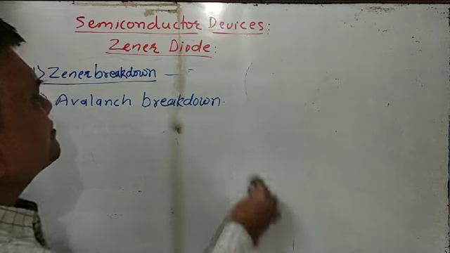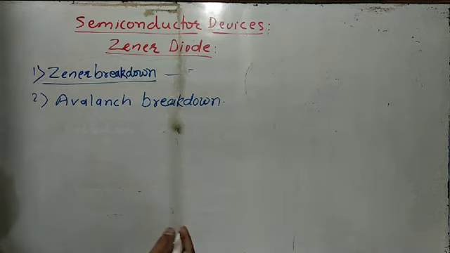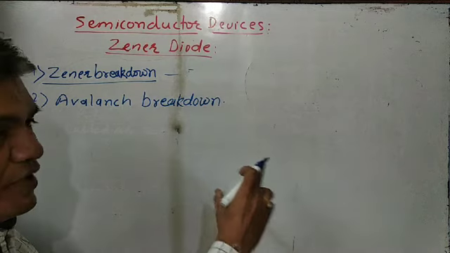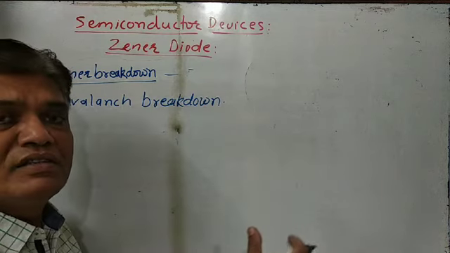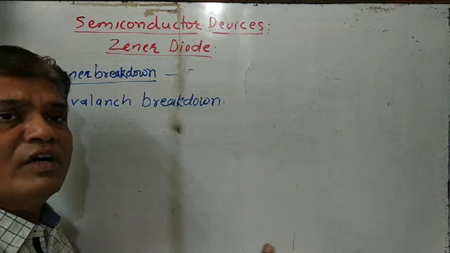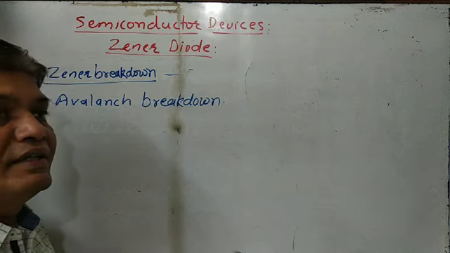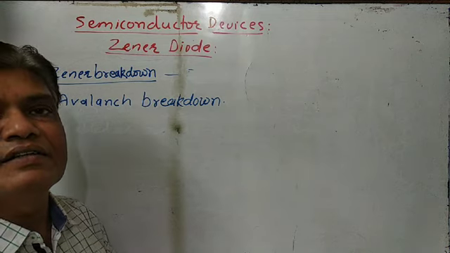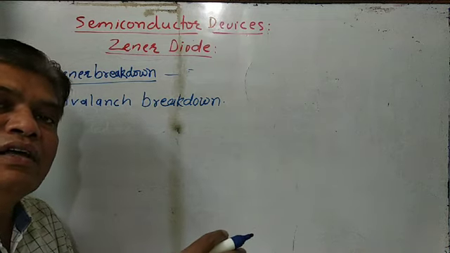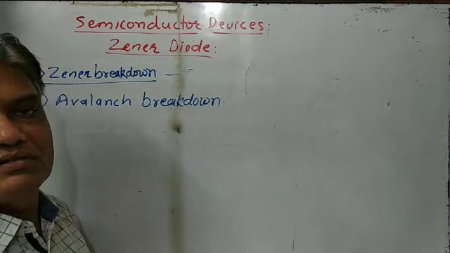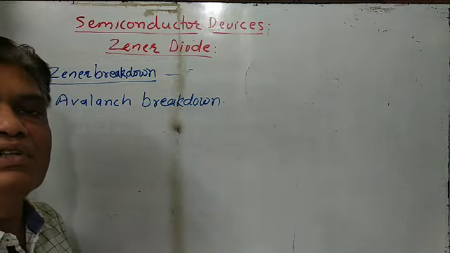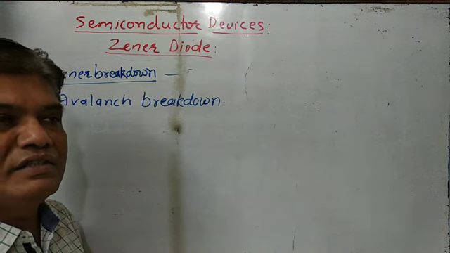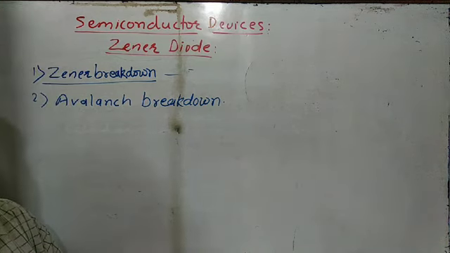Now avalanche breakdown. In avalanche breakdown, when we apply the reverse bias voltage, electrons are ejected from the covalent bond forming electron hole pairs, and these electrons are accelerated and acquire high kinetic energy. Due to high kinetic energy, they collide with other electrons and in this way remove more and more electrons, increasing the number of electrons.